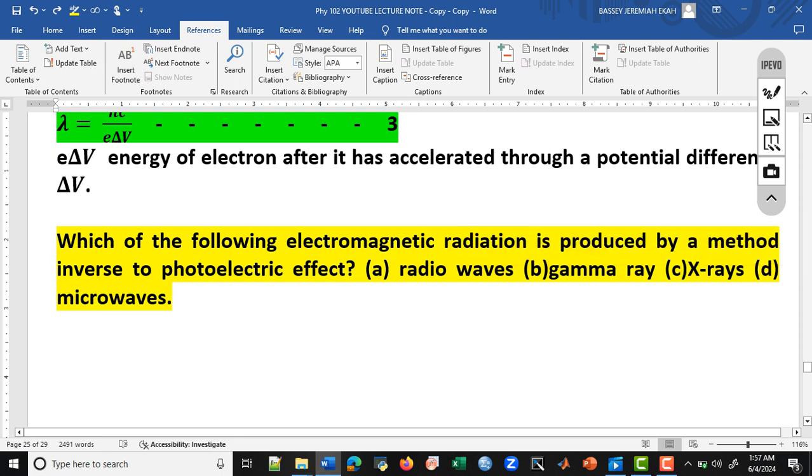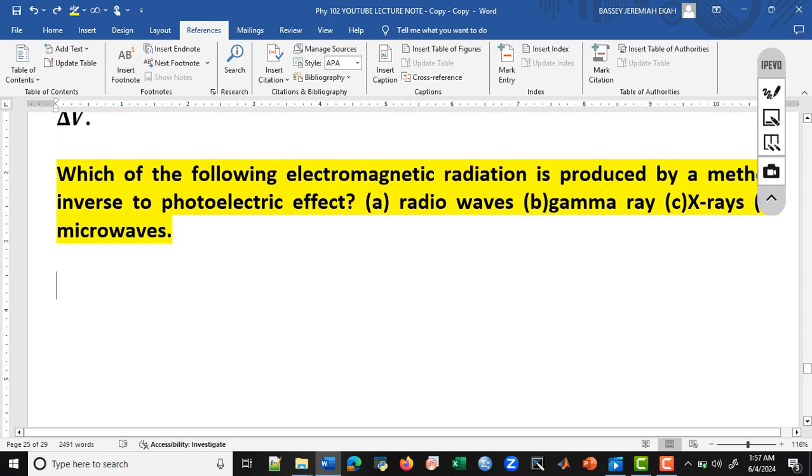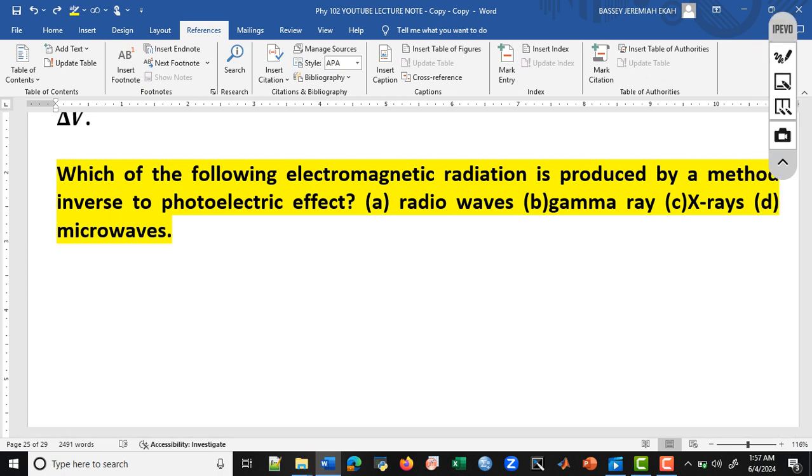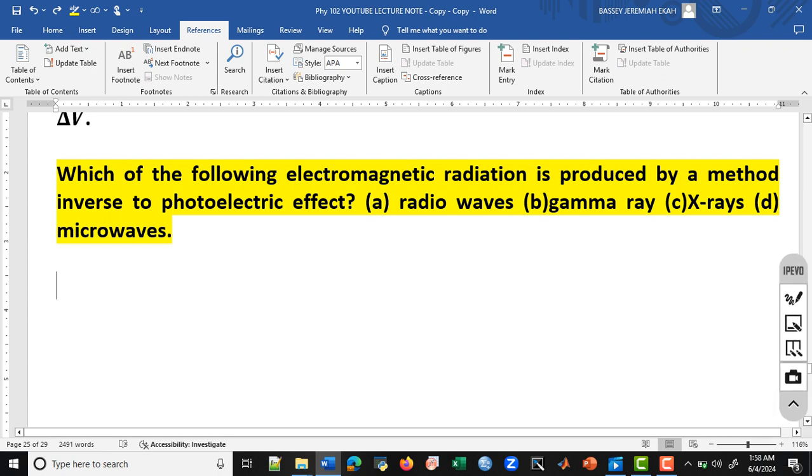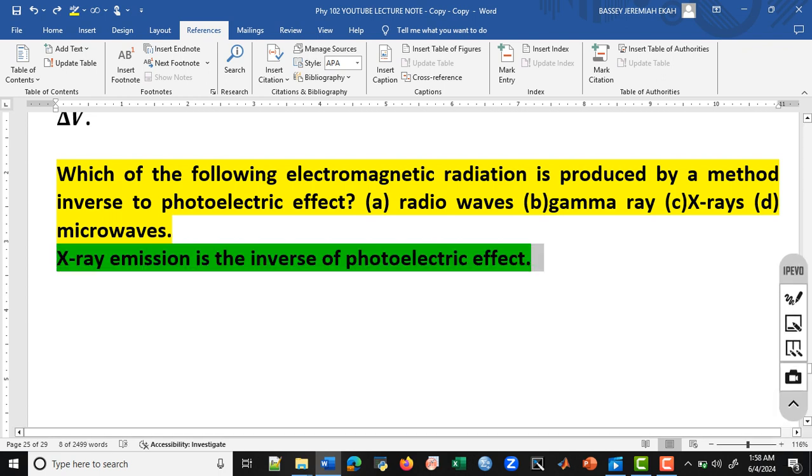Let's continue. X-ray emission is the inverse of photoelectric effect.